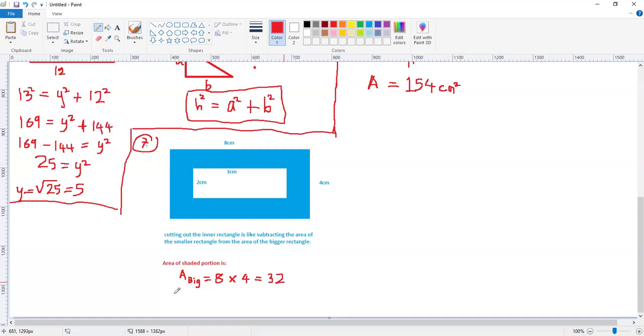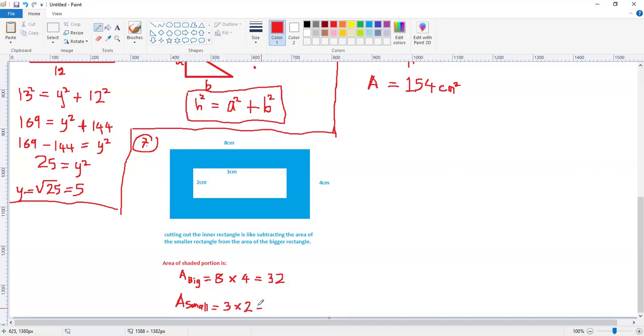So that's 32. Now the area of the smaller rectangle, the small guy, will be equal to 3, which is the length, times the width or the breadth, which is 2.